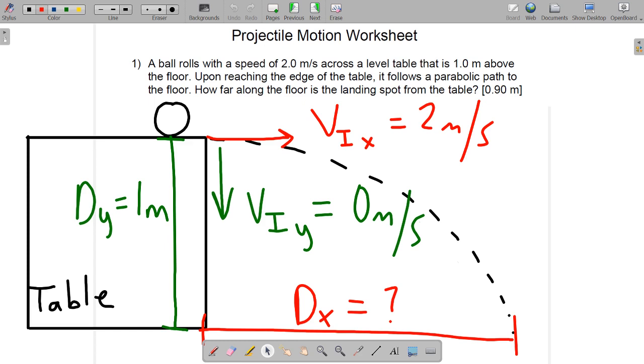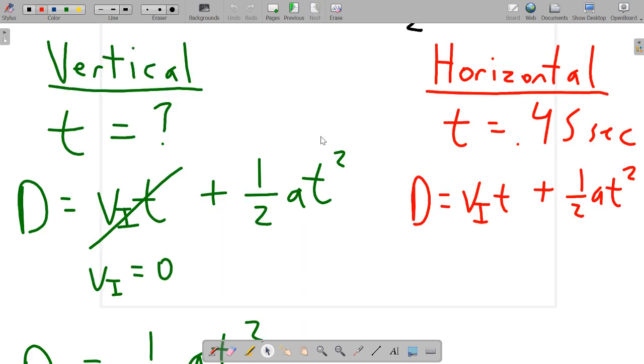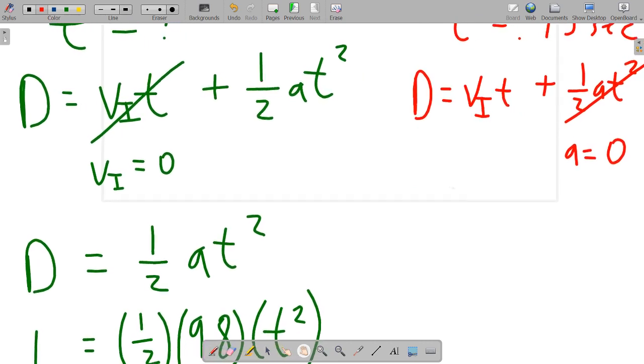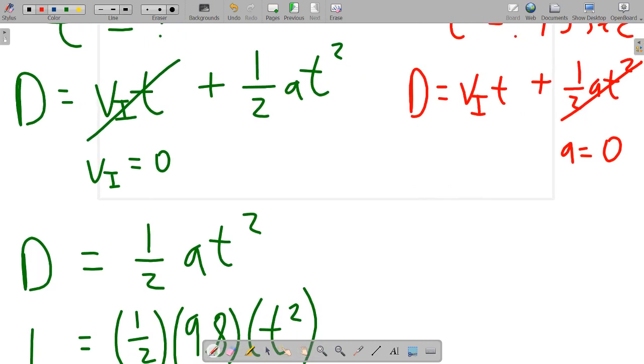There's no forces acting in the x direction, which means there's no acceleration in the x direction, right? The ball just moves at a constant velocity in the x direction. So if I plug in an acceleration of 0 into this equation here, this part of the equation just goes away because 0 times some number is just 0. So I'm just left with this: displacement is equal to initial velocity multiplied by time.